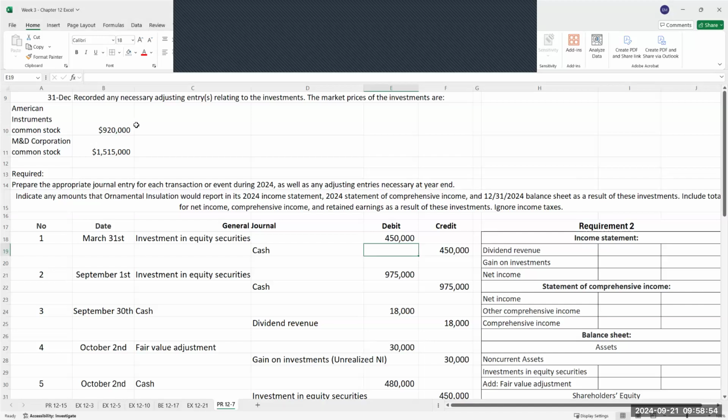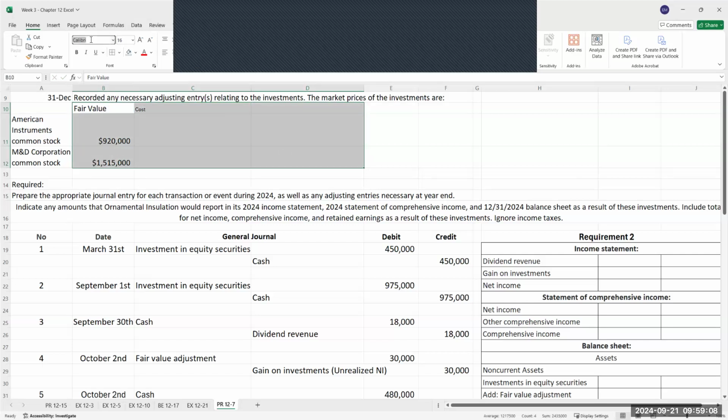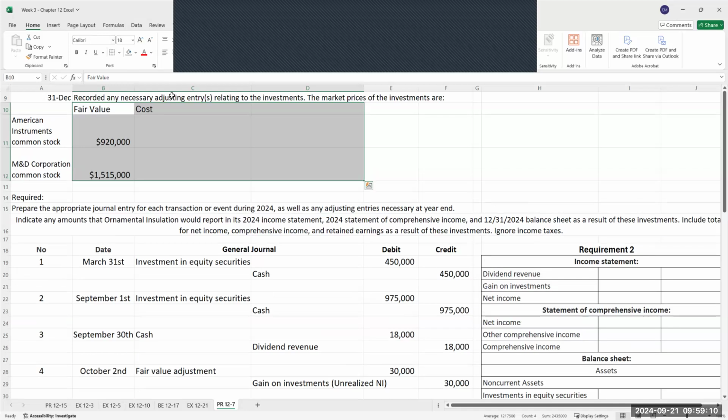So here's how we can figure it out. I'll actually make another column here. So this represents the fair value. And then we account for the cost. So we'll have a quick side by side so we can get a better understanding of what exactly is going on.